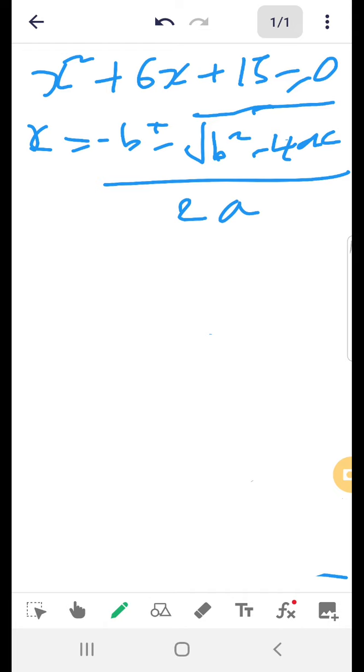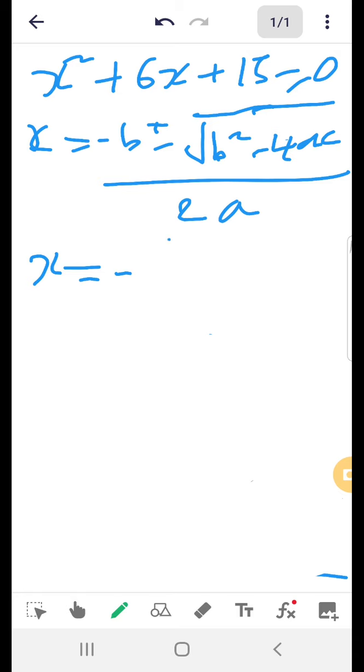So in this case, we know that the discriminant, which we already found, is negative 24. So we put in where b is. This is going to be x equals negative b, which is negative 6, plus or minus the square root.